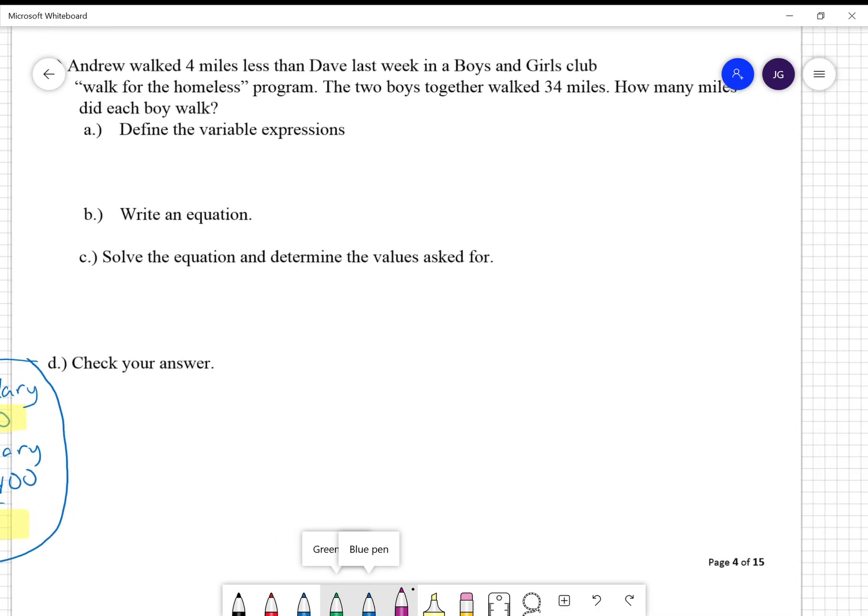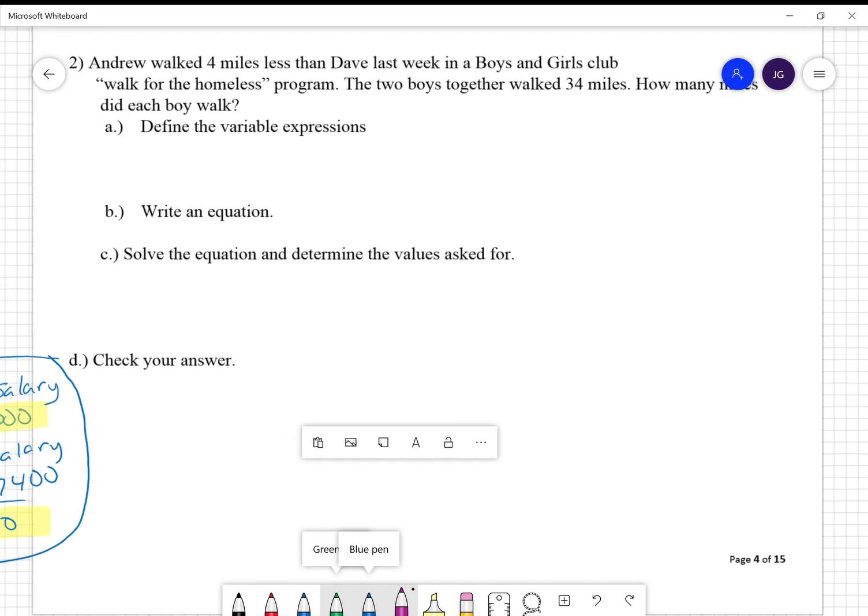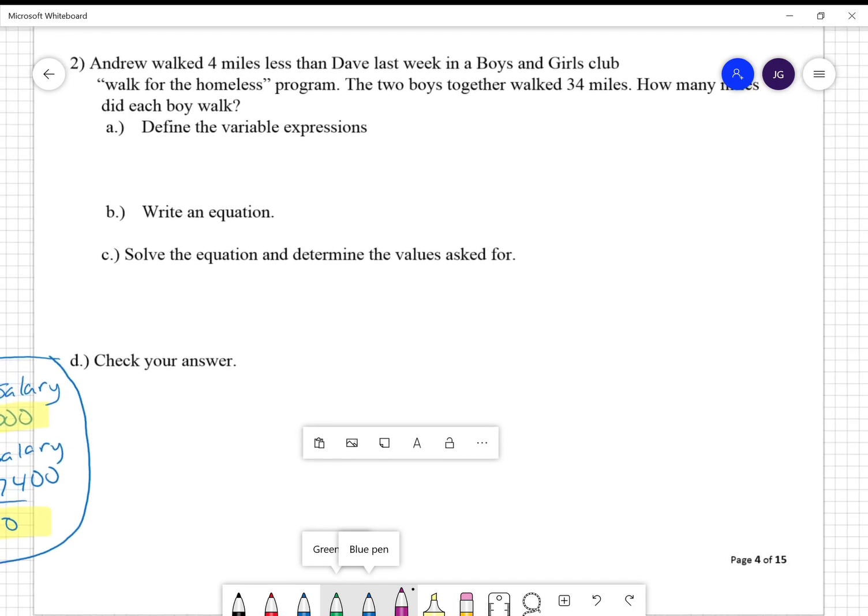Okay, Andrew walked 4 miles less than Dave last week in a boys and girls club walk for the homeless program. The two boys together walked 34 miles. How many miles did each boy walk? Okay, so what are our unknowns? Our unknowns are how far did Dave walk and how far did Andrew walk?